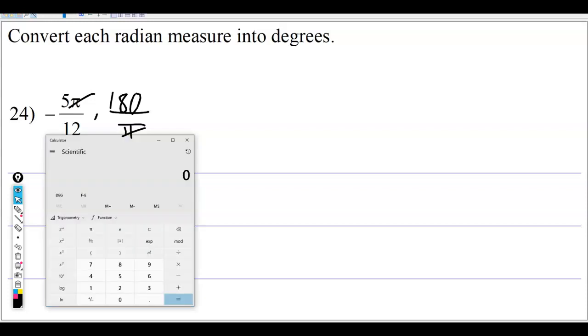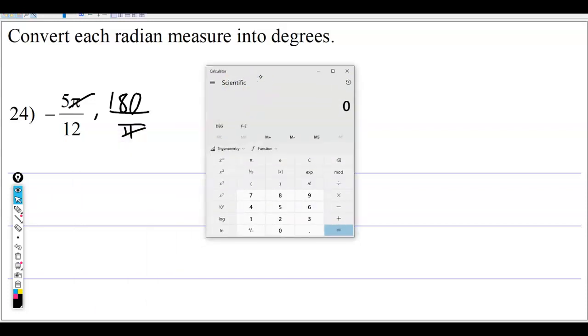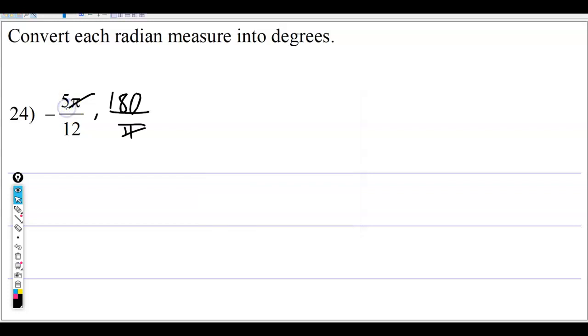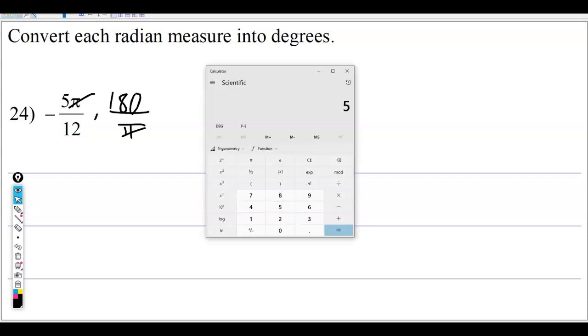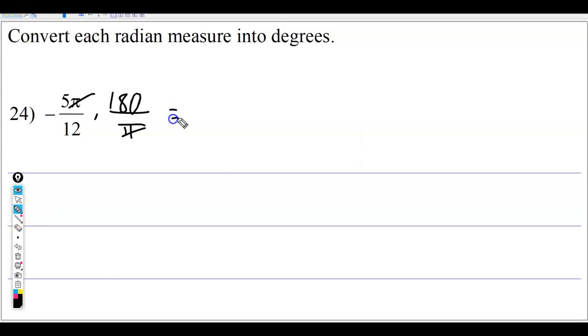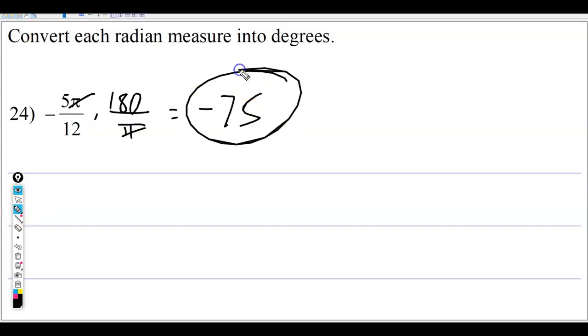Why not? Make your life a little bit easier. So I'm left with 5 times 180 over 12, and let's not forget that it's negative, right? So 5 times 180 divided by 12, and it's 75. But it is negative. There you go.